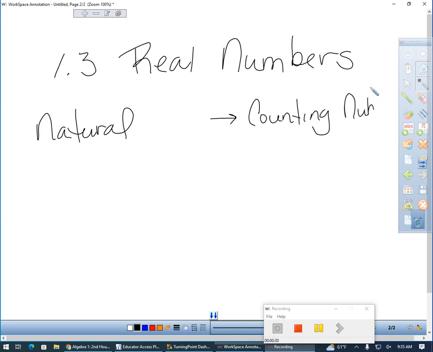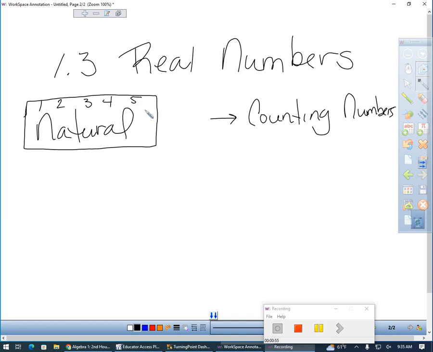So they're what we count with. That's the very smallest group we have. So you start with 1, 2, 3, 4, and so on. I'm going to put a little box around our smallest group. And again, those are like 1, 2, 3, 4, 5.